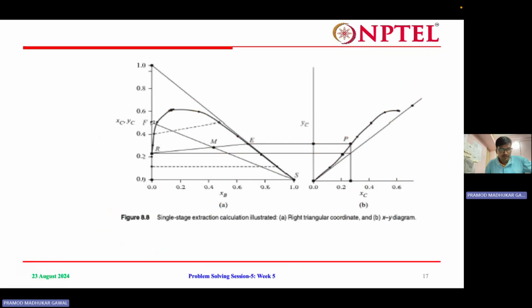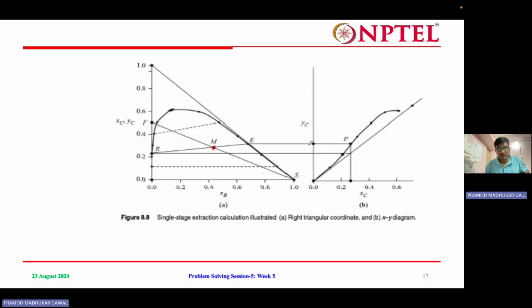So like here, 0.5 means solute concentration 0.5 is the solvent, right? So now if you draw the lines, xm means composition at mixing, it's 0.28, like here 0.2, so we'll get like this. Here we don't know the composition of the solutes in the extract phase and raffinate phase.